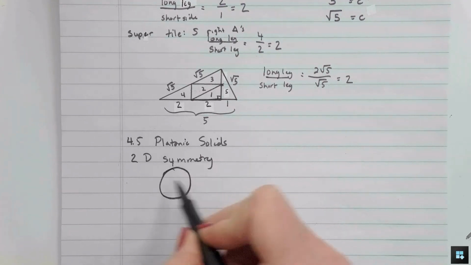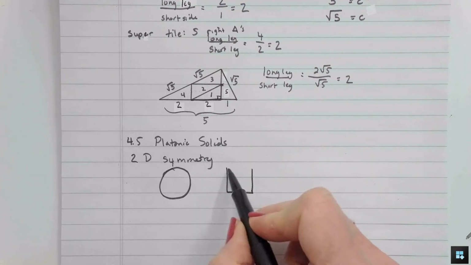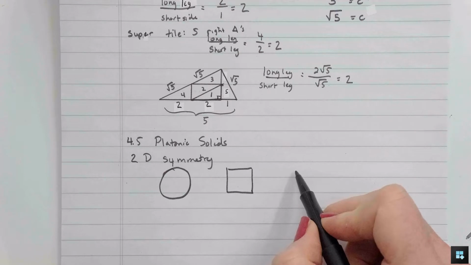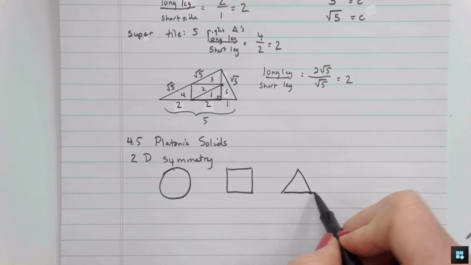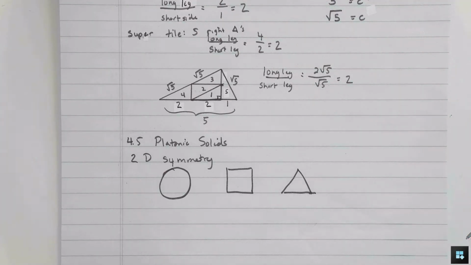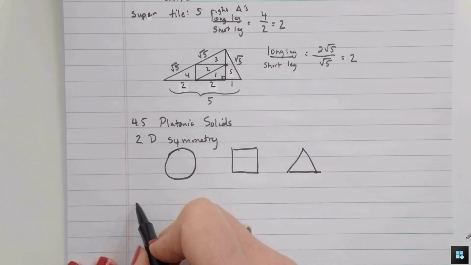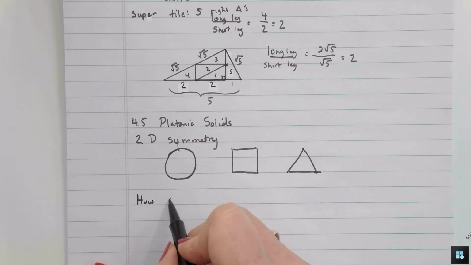At the start of 4.4, I'd asked you for some symmetric shapes, and you had given me a number of symmetric shapes in 2 dimensions. How many symmetric shapes are there in 2 dimensions?